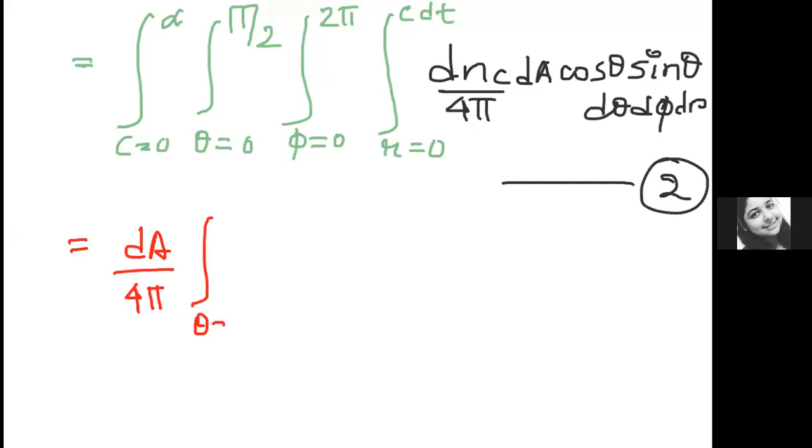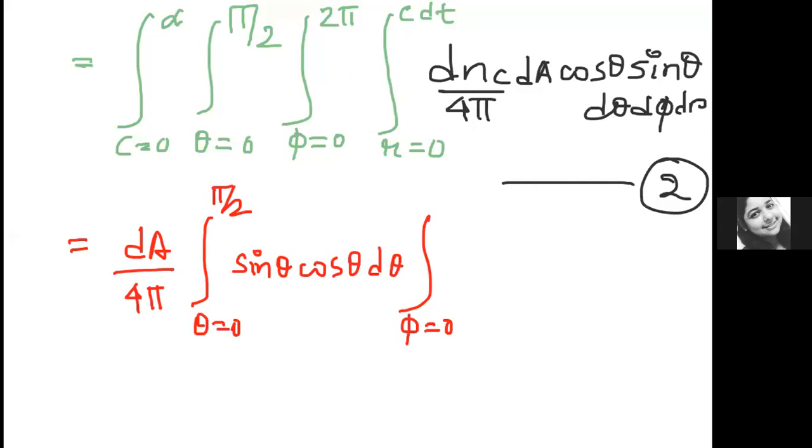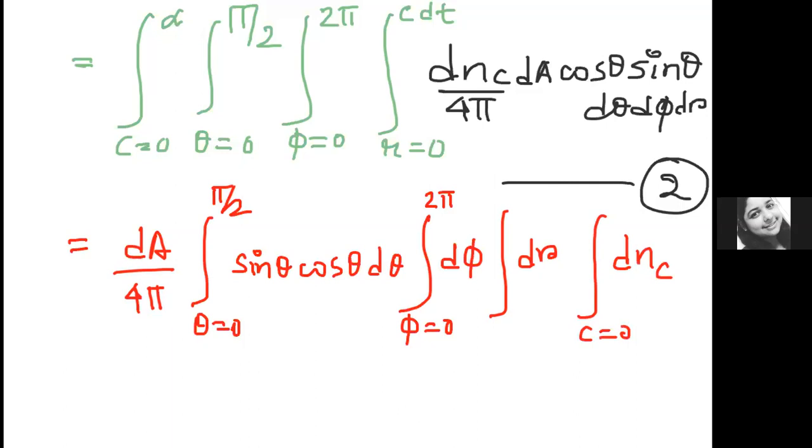Theta is from 0 to pi by 2 with sine theta cos theta d theta, then phi from 0 to 2 pi with d phi, then you have dr and you have dn_c, so c from 0 to infinity, and r from 0 to c dt.